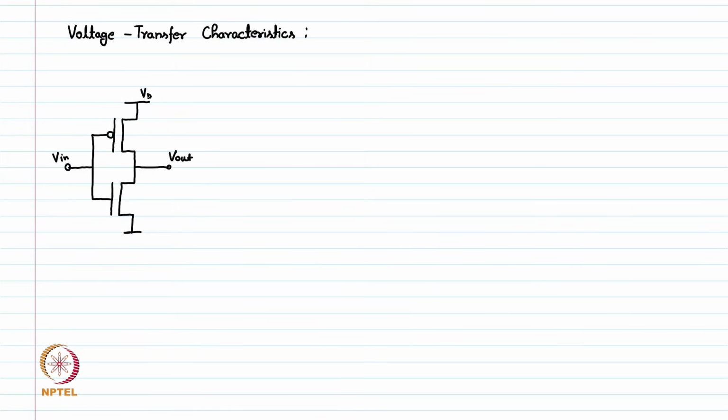We have this VDD and GND. Now, let us draw the voltage transfer characteristic, which is nothing but V out versus V in. So, the y axis is V out and the x axis is V in.